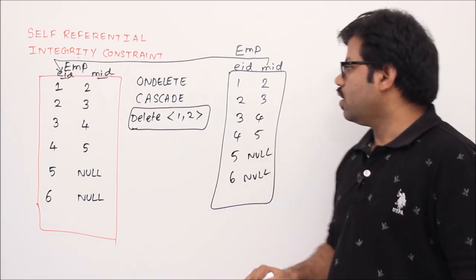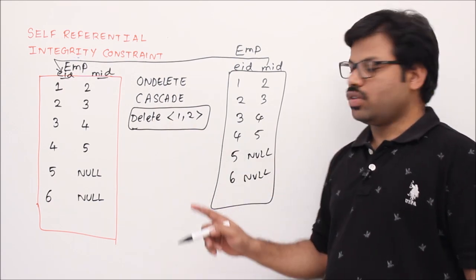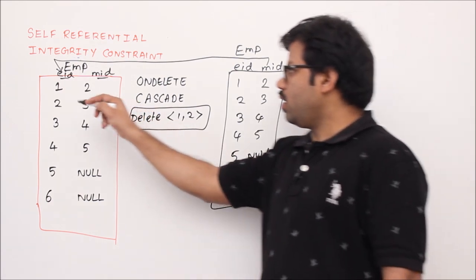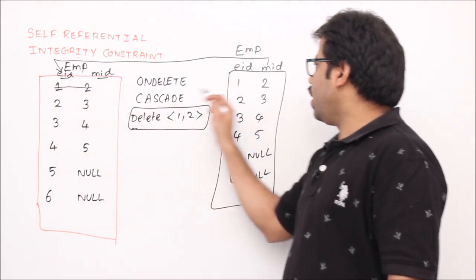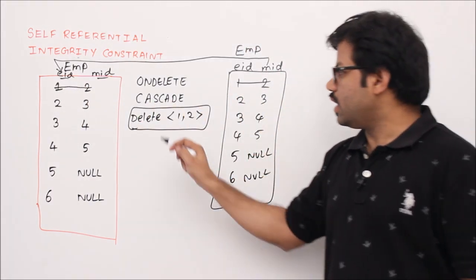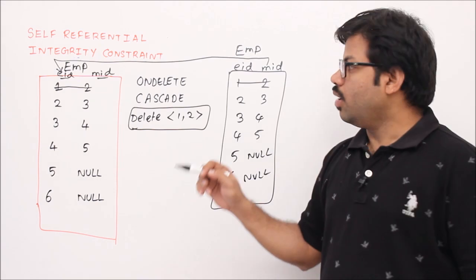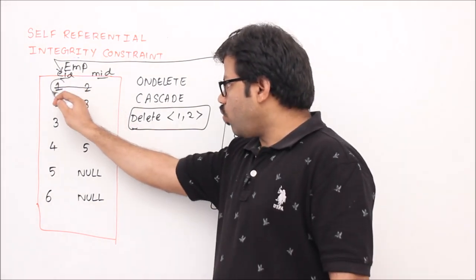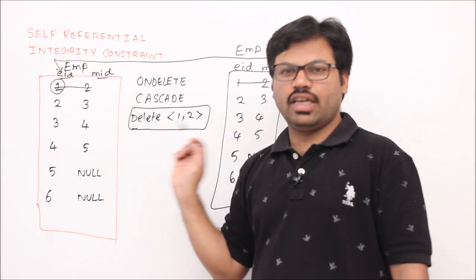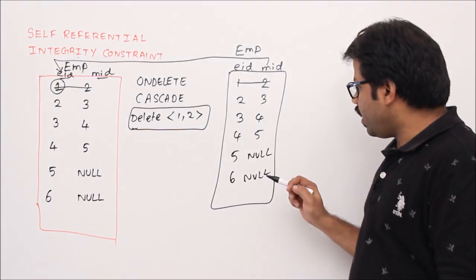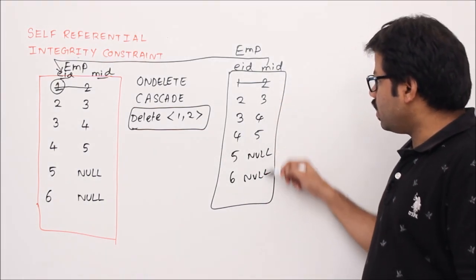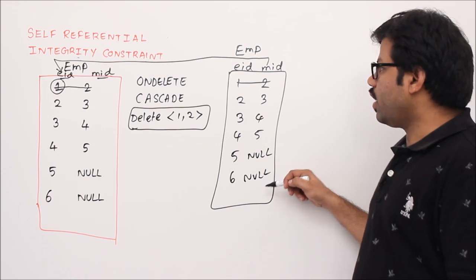Let's begin. So delete 1 comma 2. When you delete from table number 1, automatically here also it will be deleted first of all, since it is on delete cascade. But is this one referred by some foreign key? Nowhere it is referred, correct?